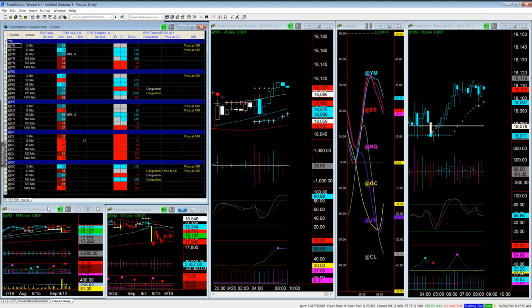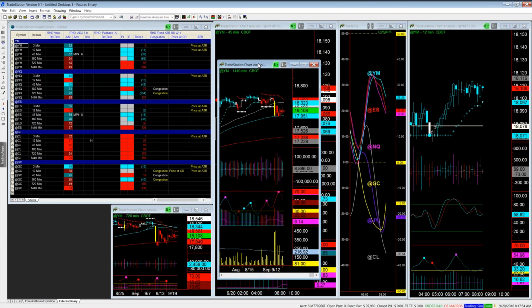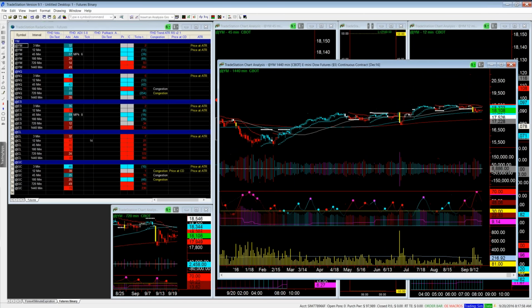You can also see that if I enlarge this 1440. Now, this is the average true range indicator. It's actually the bar range indicator, but it uses average true range. And you can see normally when we have a good market like we did in January, look at how many days we're above that average true range.